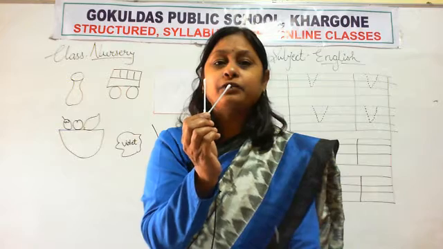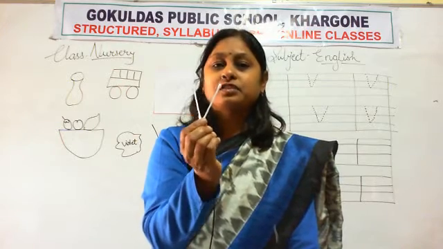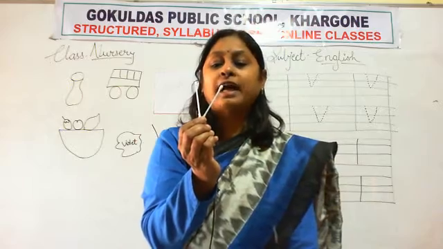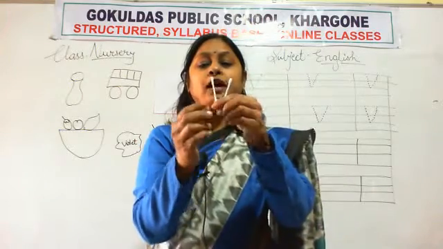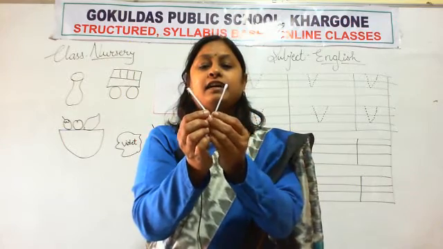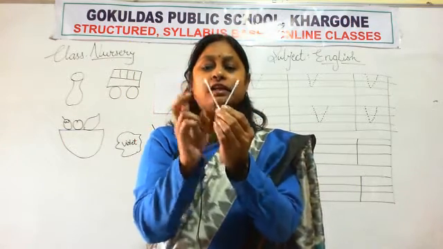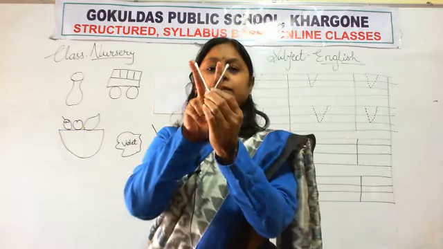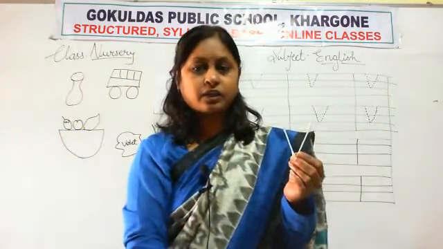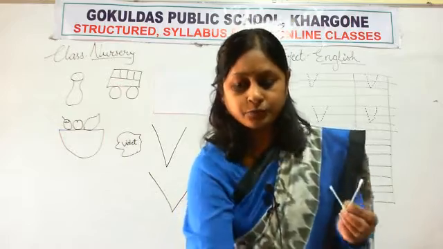So what we have to do? We have to stick this earbud in a notebook. You have to stick it in a slanting way. Look here, V. V for victory. Okay. So what we have to do?